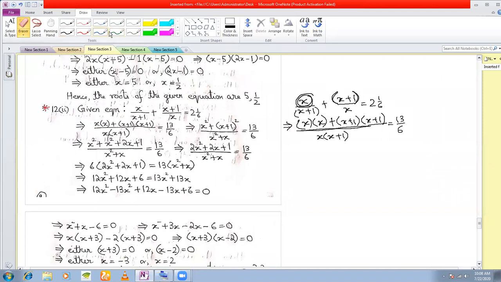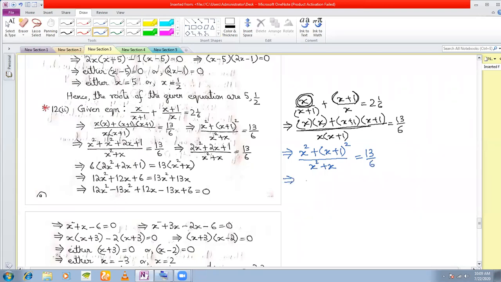Use a different color. Okay, so I have x square plus x plus 1 whole square by x square plus x is equal to 13 by 6. Now you cross multiply.